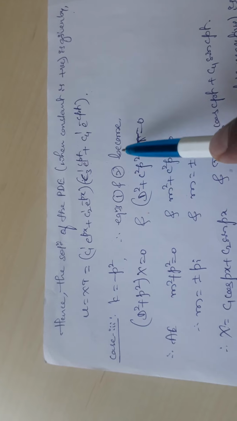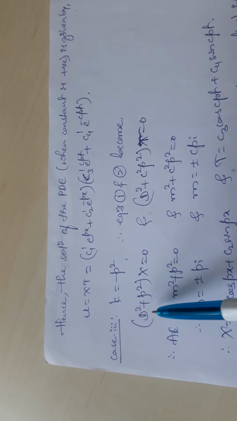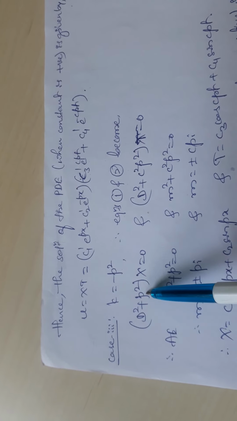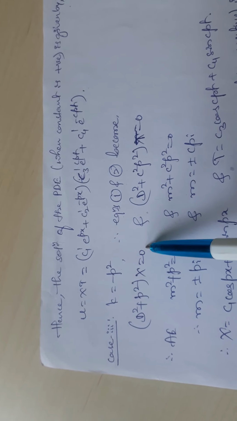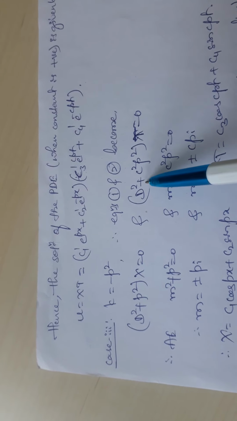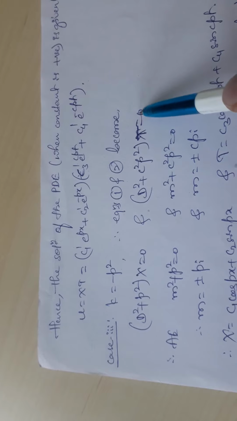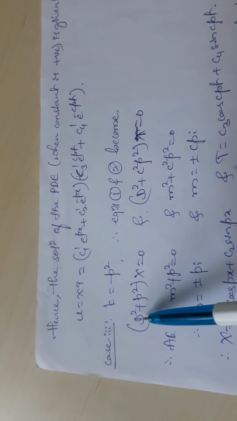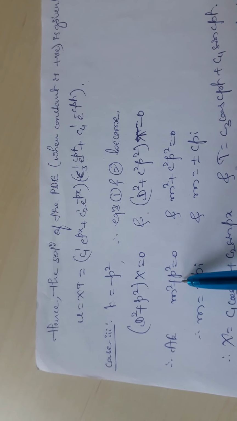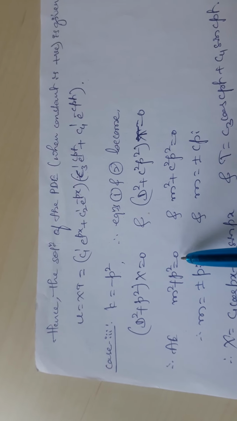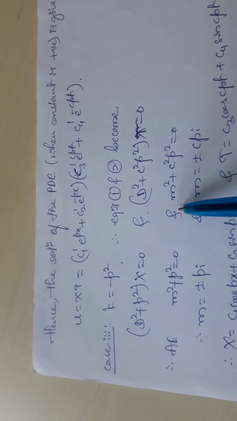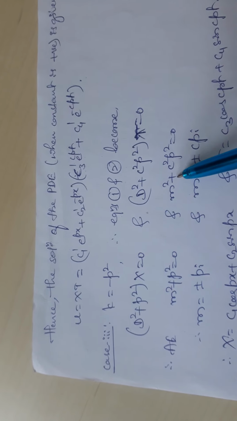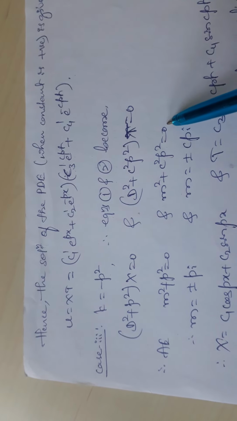Now consider the third case, that is k is negative, minus p square. Then equations 1 and 2 become D square plus p square into x equal to 0, and D square plus c square p square into t equal to 0. Then the auxiliary equations, with D replaced by m, become m square plus p square equal to 0 and m square plus c square p square equal to 0.